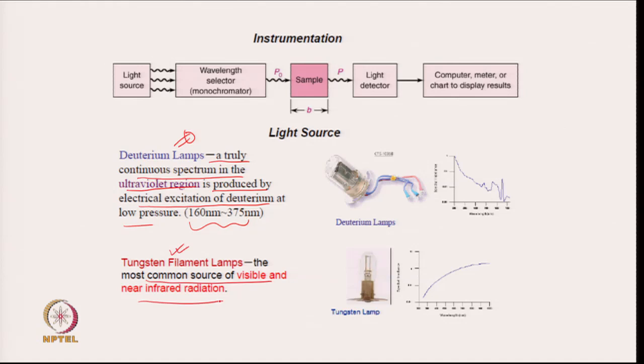Tungsten filament lamp is the most common source of visible and near infrared radiation. This is your deuterium lamp and this is your tungsten lamp.